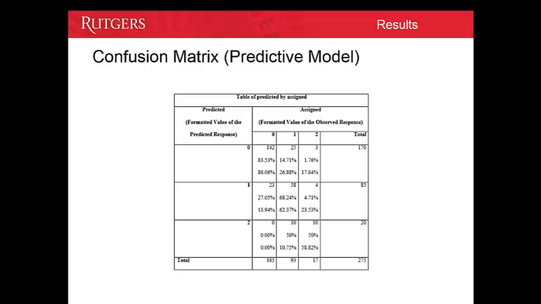This is the confusion matrix of the predictive model. As we can see here, those are the values that were assigned by the auditors, whereas those are the ones predicted by our model. So for instance, those are 142 records that the auditors assigned a low risk, and the value predicted by the model was also of low risk.